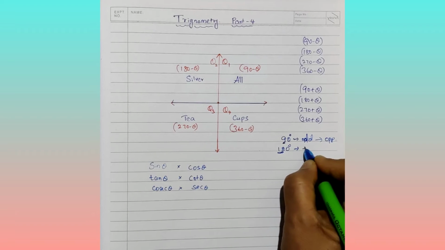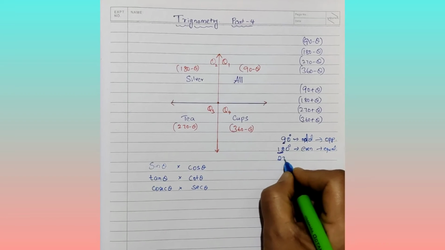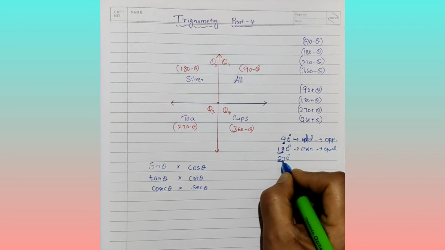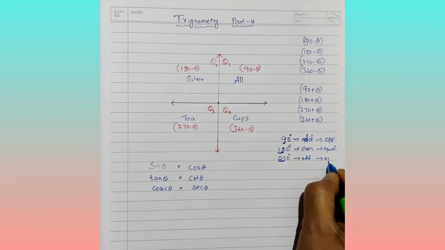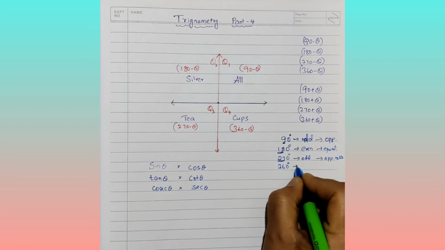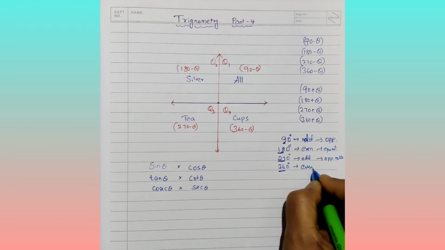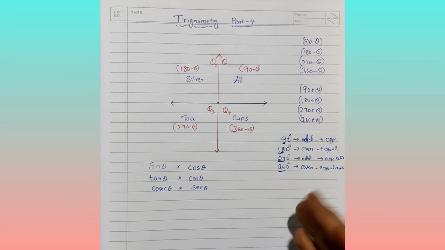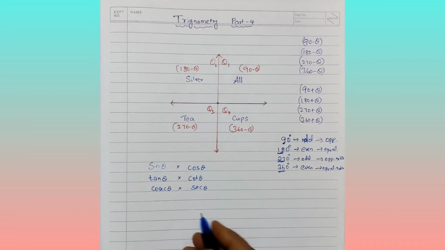This 18 is an even number, so equal ratio. 270, we take these 2 digits, tens and hundreds place, like 27. This 27 is again odd, which gives us opposite ratio. Next 360 degree, we consider the first 2 numbers, 36, as even, and even means equal ratio. What is equal ratio and what is opposite ratio, we will discuss now with the help of these angles.